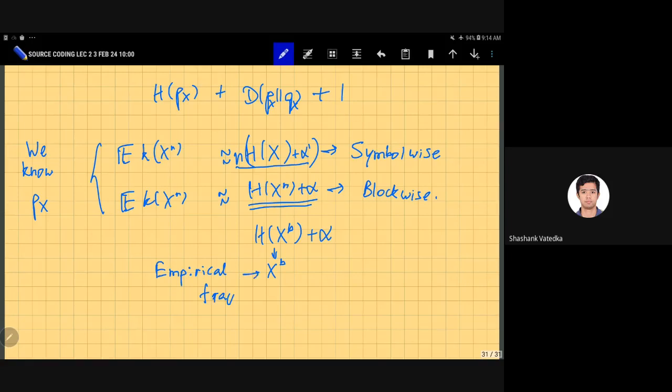Right? And if b is close to n, then your estimate would not be very reliable. All right. Okay.